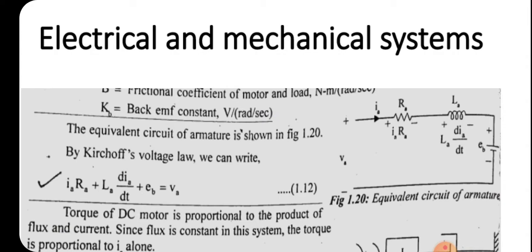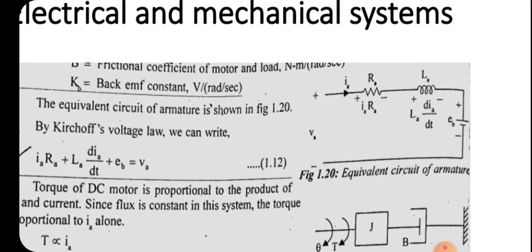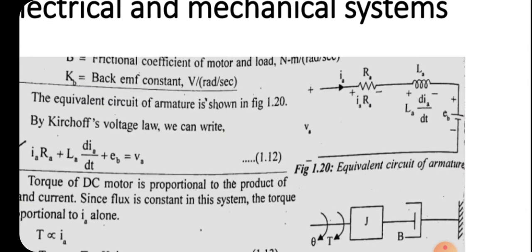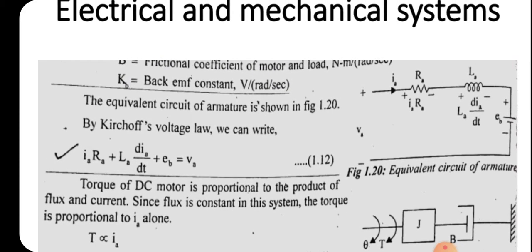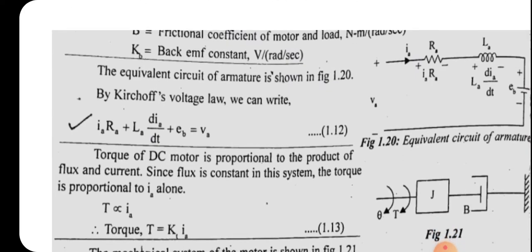The equivalent circuit consists of a resistance and inductance connected in series, with a back EMF EB. The armature voltage is VA, and due to that voltage there will be an armature current IA. Across the resistor the voltage drop is IA into RA, and across the inductance the voltage drop is LA into dIA by dt. This is the equivalent circuit for the armature.